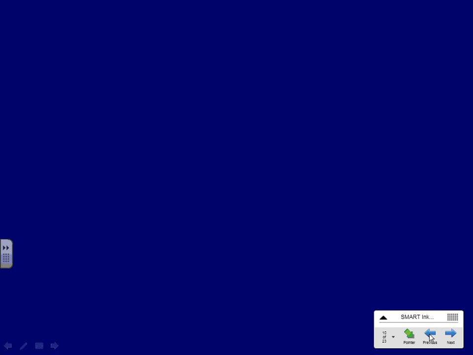All right? And I'm going to just call this finding images in curved mirrors. All right, finding images in curved mirrors.